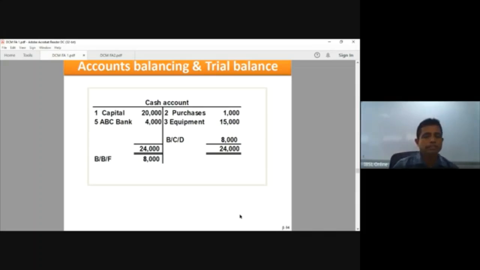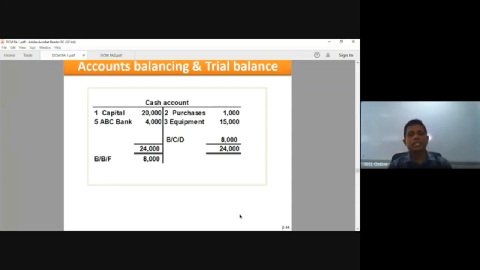In the cash account, the debit side has 24,000 and the credit side has 16,000 in total. The highest is 24,000 on the debit side. You have to put the highest total on both sides, 24,000 to 24,000. Then, using the term balance carried down, BCD, you take the balance from the credit side.